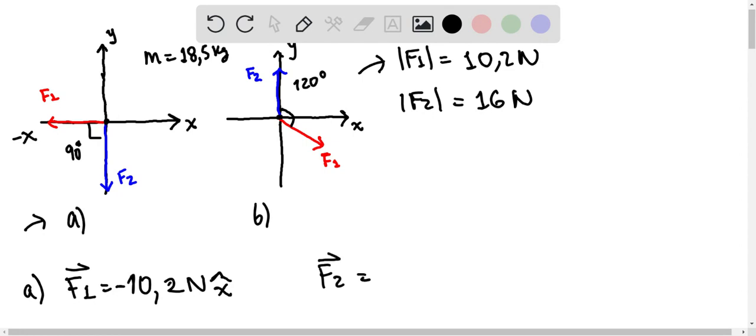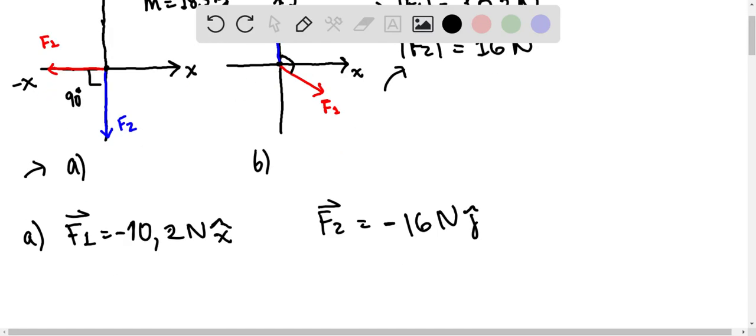the vector is only in the negative part of the y-axis. So we'll have minus the magnitude, which is 16 newtons in the y unit vector.